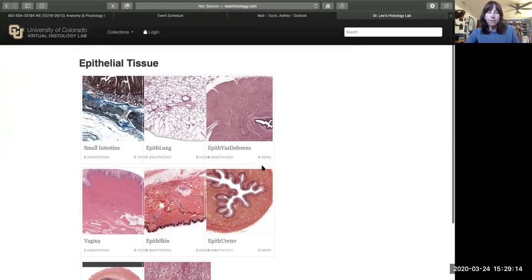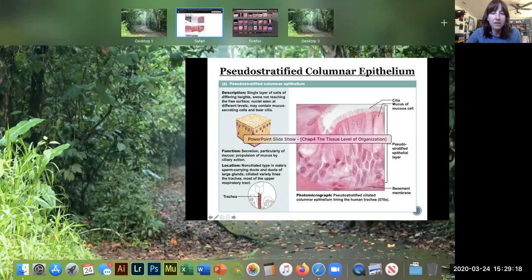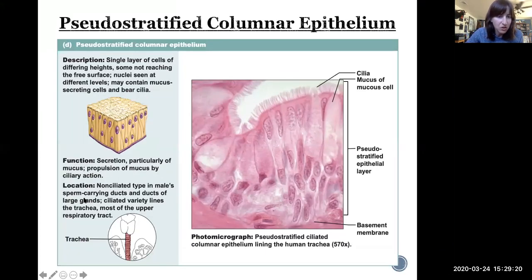Okay, so I guess it'll be the epididymis, but what do they call it? Sperm carrying duct. For pseudostratified columnar epithelium, the only example I'm seeing for you guys is the sperm carrying duct, which was that example from the Wiley Plus.